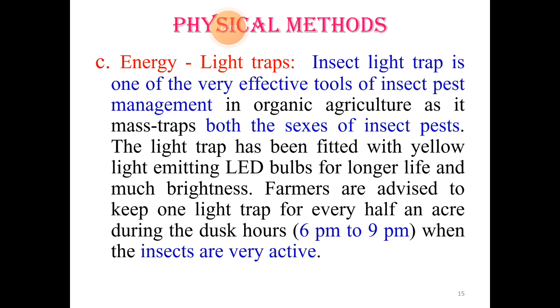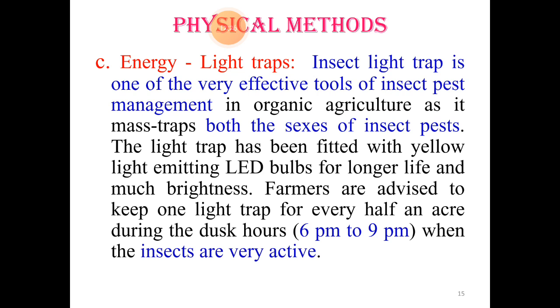Next is light. Most insect pests are attracted by light, as we have understood just now. Bright yellow light is an example for attracting nocturnal insects, or the insects that are active during night.